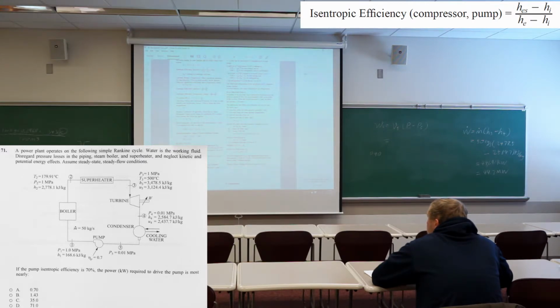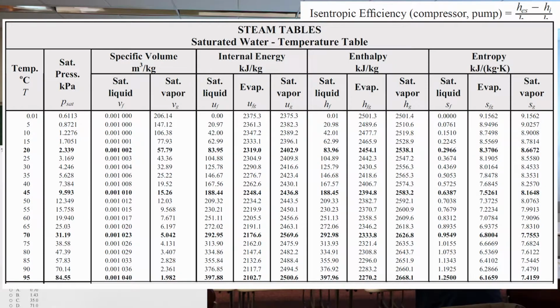Specific volume times pressure difference, right? And then you need to find the specific volume, which is at page 90 here, the steam table. The handbook only provides the steam table by temperature.